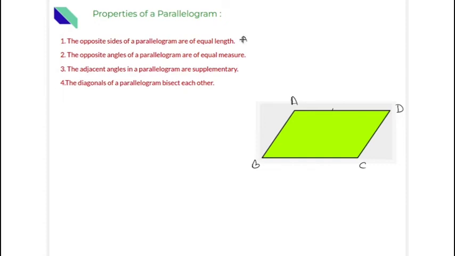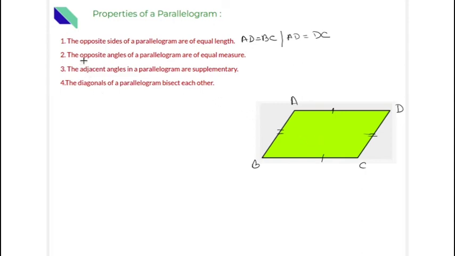Here AD and BC are opposite. According to this property, AD equals BC, and AB equals DC. This is what the property says about this parallelogram.